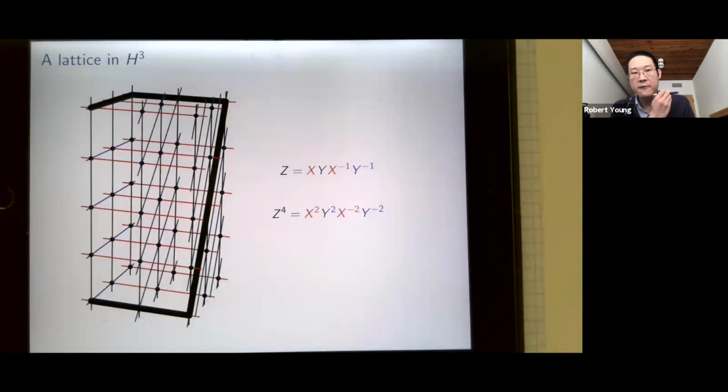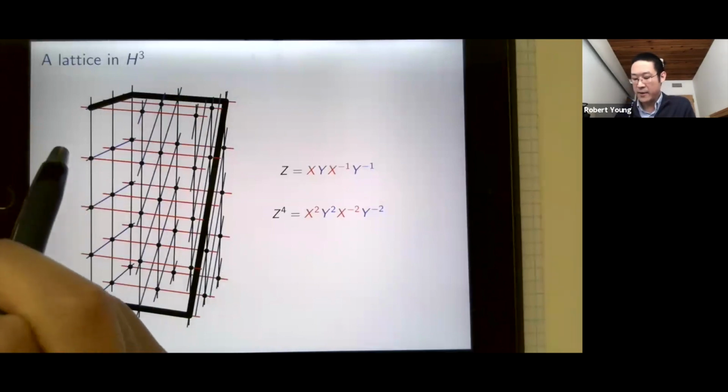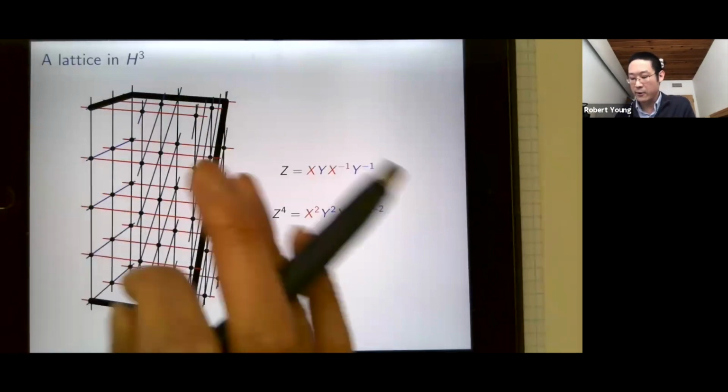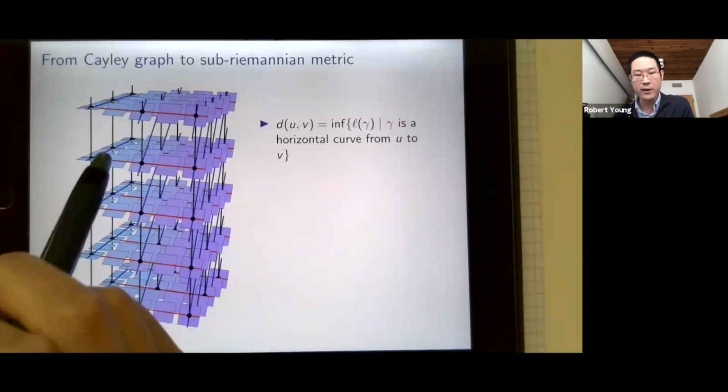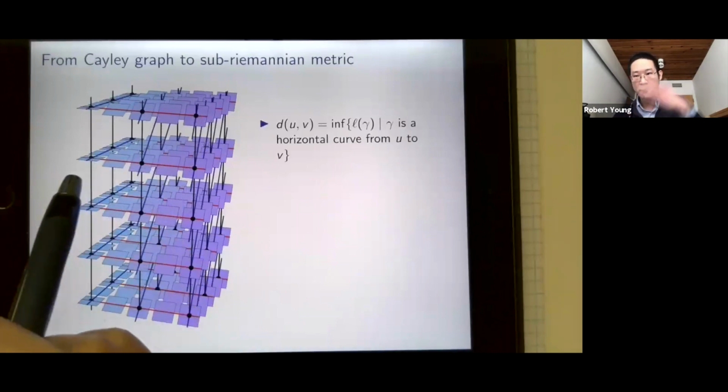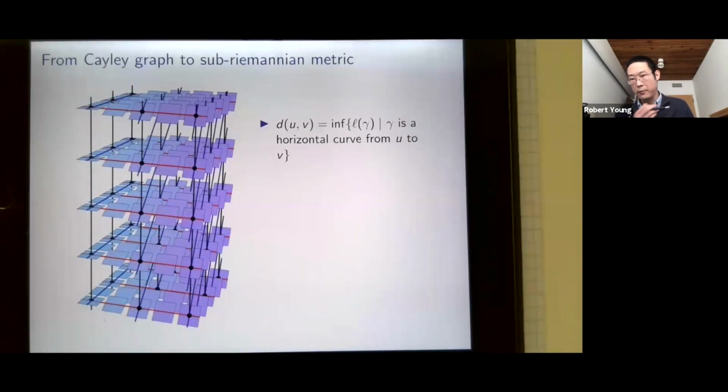Because if you do this in the 5-dimensional Heisenberg group, you have a 4-dimensional distribution of horizontal planes. When you cut that, you get a 4-dimensional surface with a 3-dimensional distribution, and a 3-dimensional distribution on a 4-dimensional space is generally non-integrable. It's generally not a foliation.